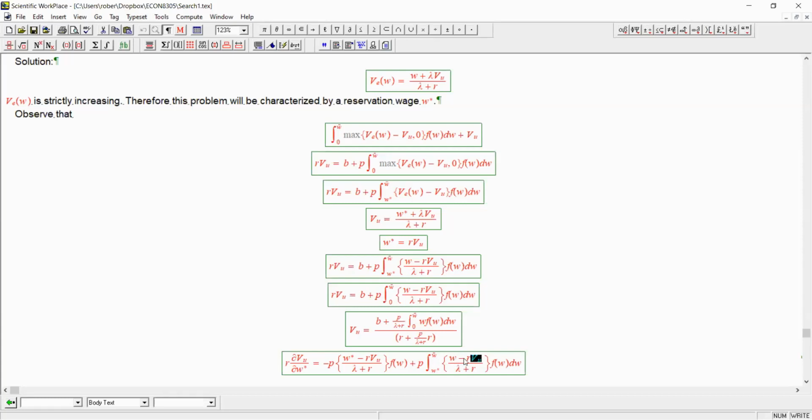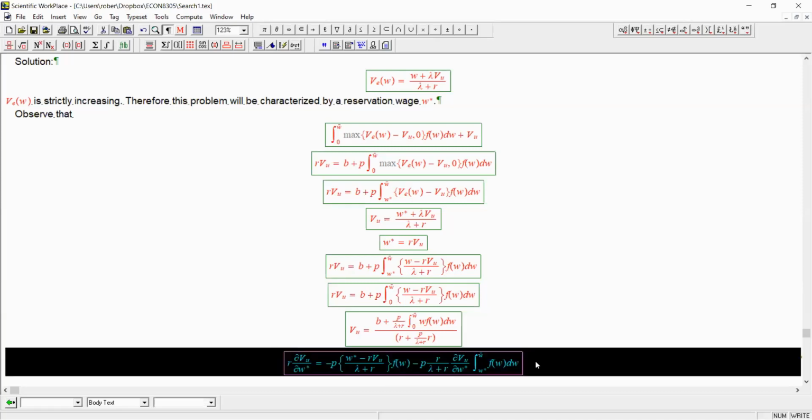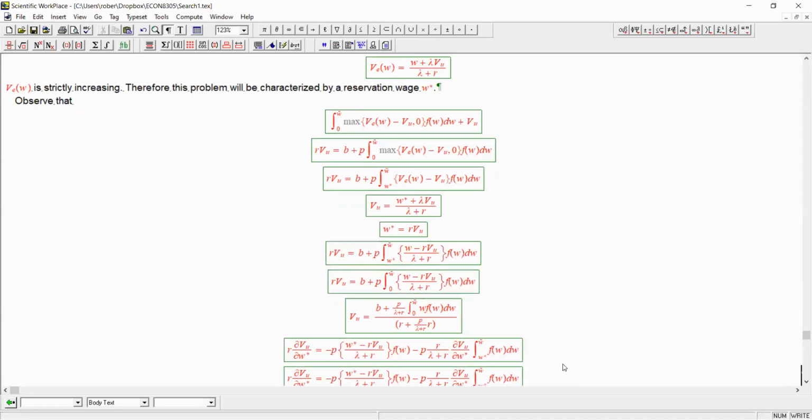And so what we get is this. So let's just put the minus outside. Indeed, we can take this whole fraction outside. Very good. Now let's rearrange, collect terms.